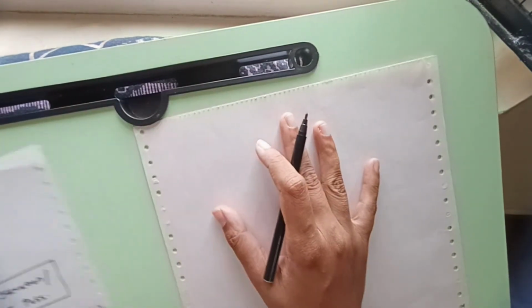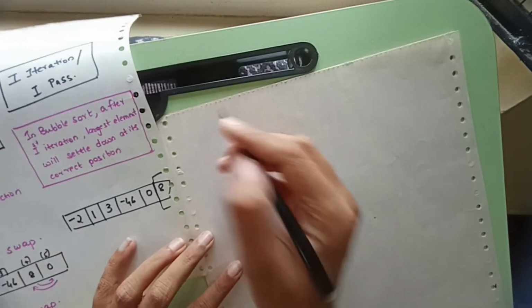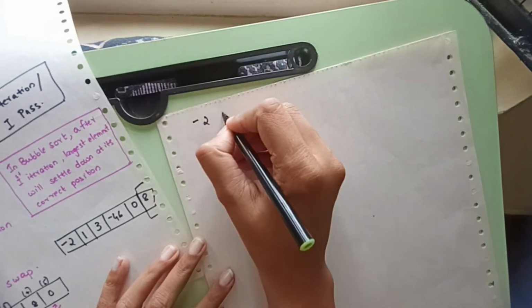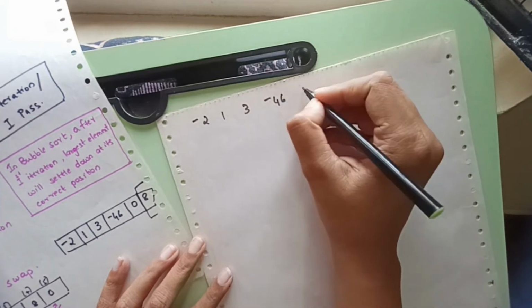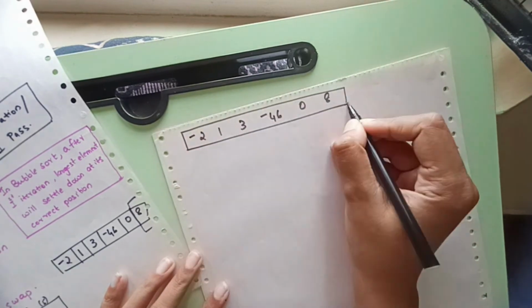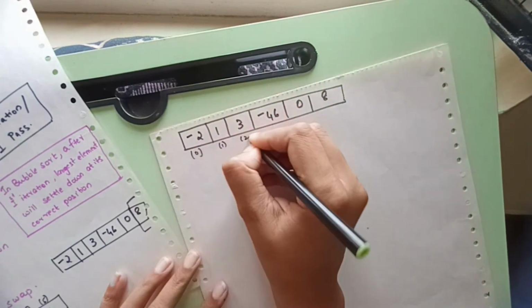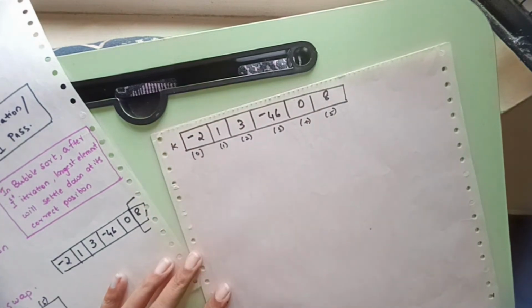So now we'll consider this array: -2, 1, 3, -46, 0, 8. We are not going to consider 8. We are going to do the same things again, same comparisons again.